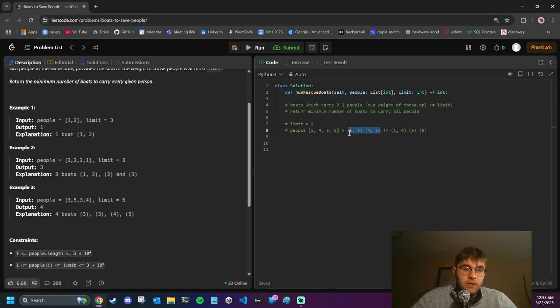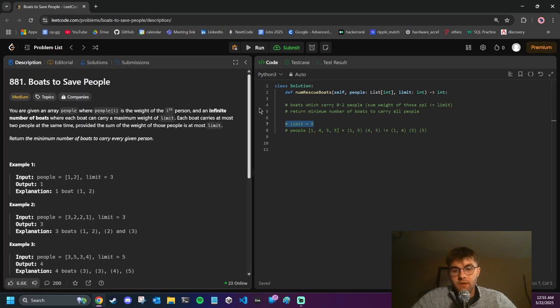And if we get it as close to the limit as we can, then that would yield the minimum number. So what I'm going to say is that by getting each boat as close as possible to the limit, we will minimize the number of boats.